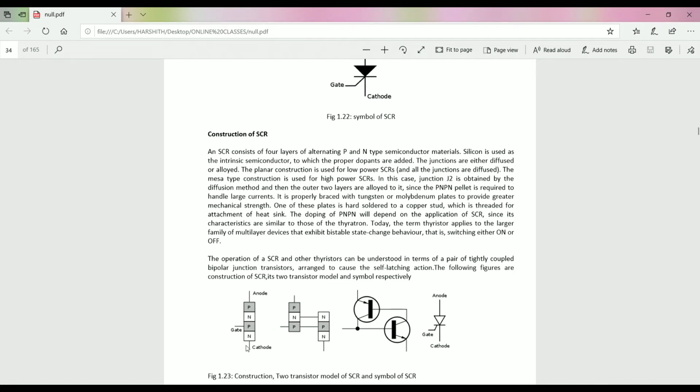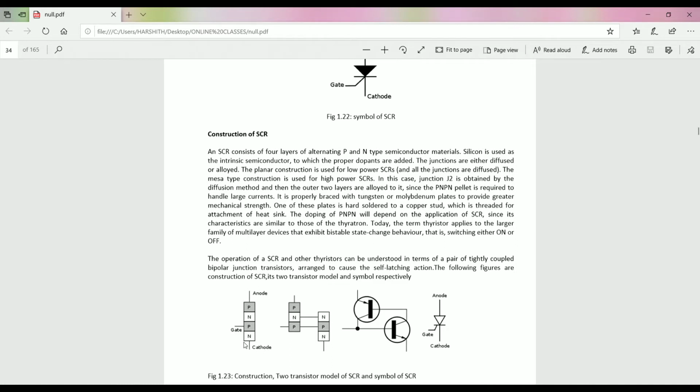Anode must be positive with respect to cathode to forward bias the SCR, but this is not a sufficient criterion to turn the SCR on.